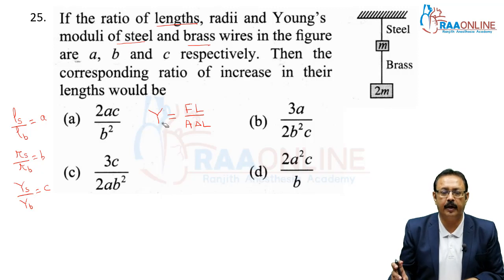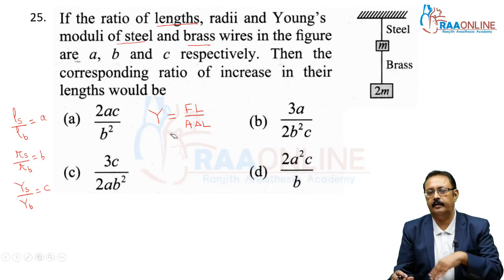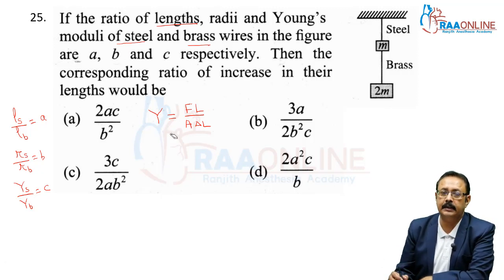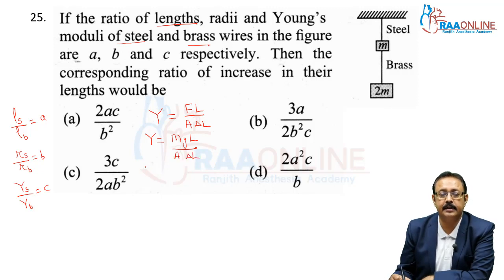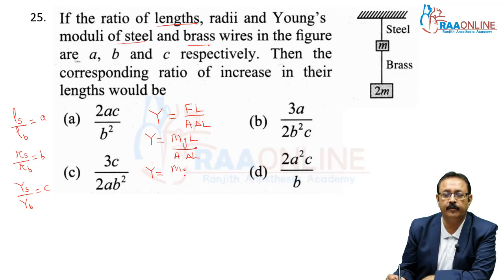Y is equal to FL upon A delta L. Force is in the form of weight, so in place of F I use mg, giving mgL upon A delta L. Since radius is given, in place of A I use pi r square.